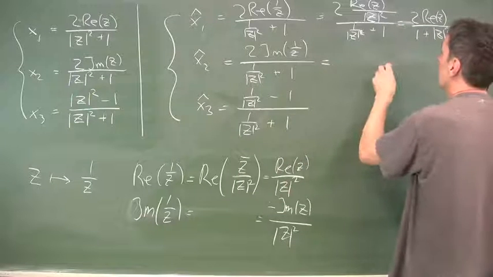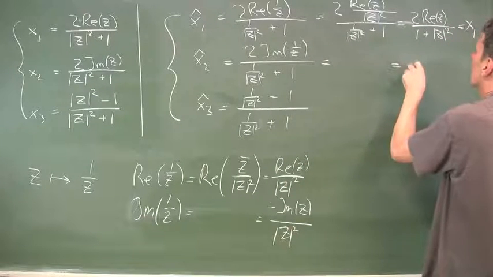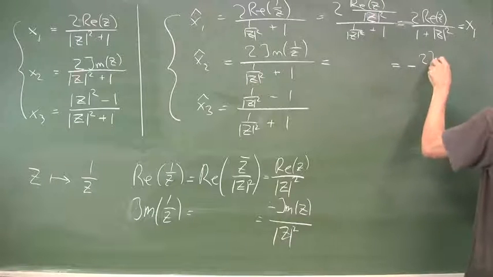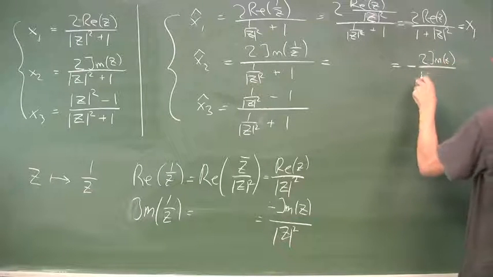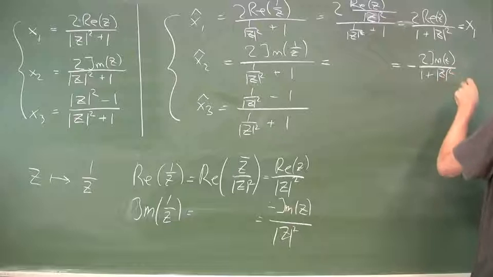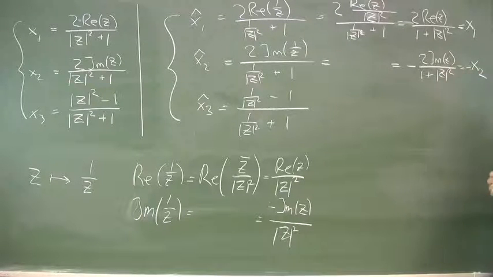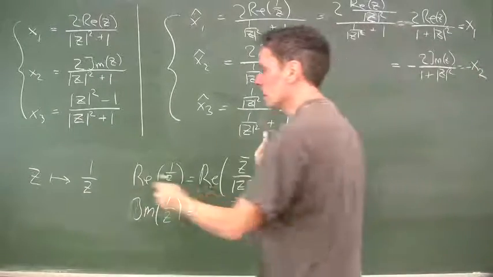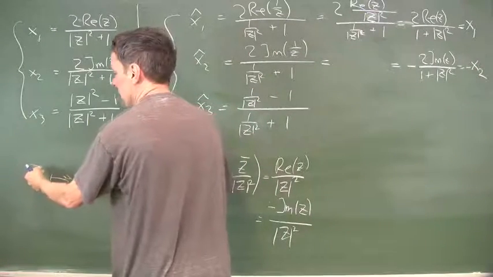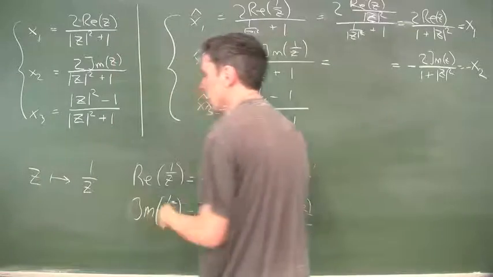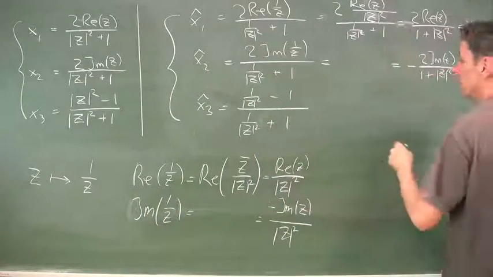So if we do this computation, we will get minus 2 times the imaginary part of z divided by 1 plus z absolute value squared, which is equal to minus x2. So this map will change x2 to minus x2 on the sphere.